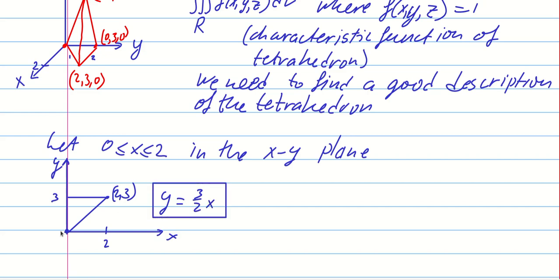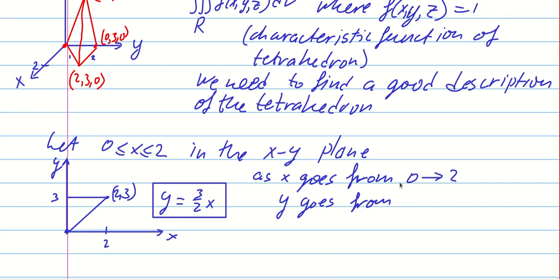Since it goes through the origin, there is no y-intercept. So as x goes from 0 to 2, y goes from 3 over 2 x to 3.